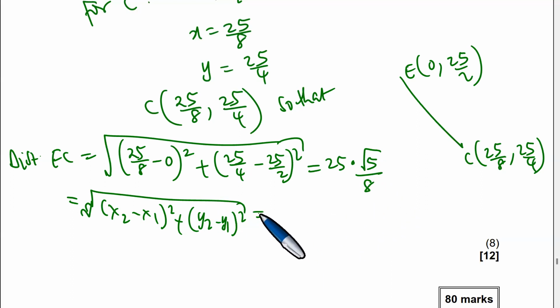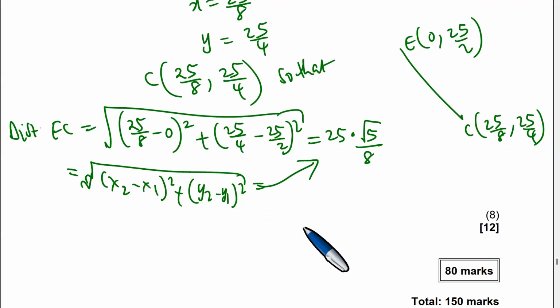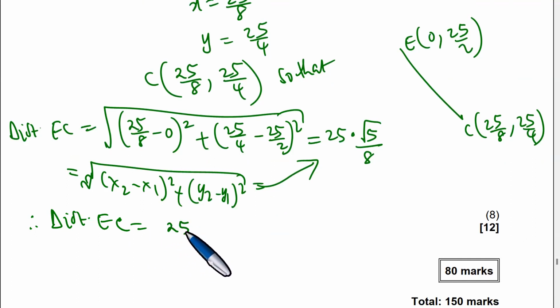Okay, that is the distance formula, and it produces the distance of EC, and therefore the distance EC is 25 the square root of 5 out of 8.